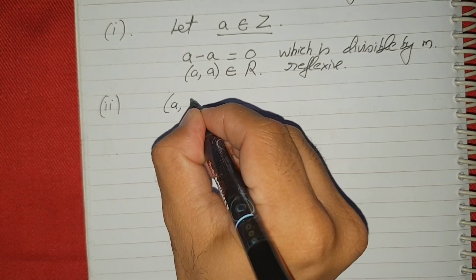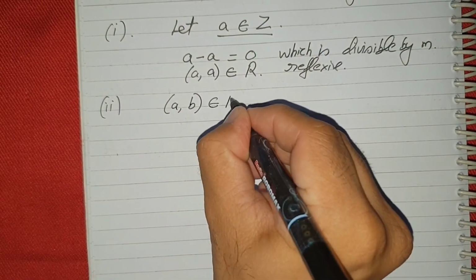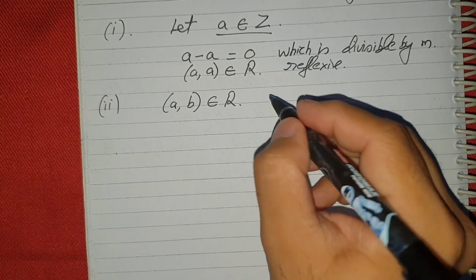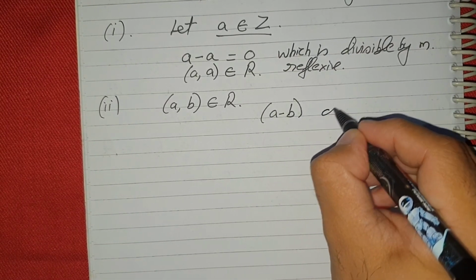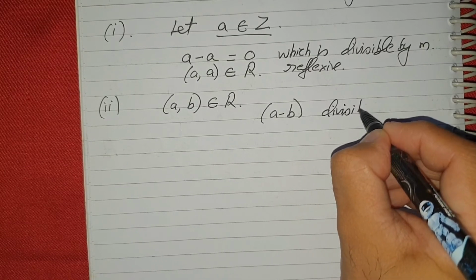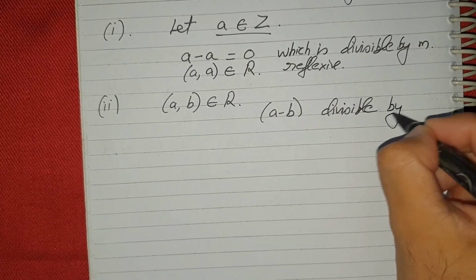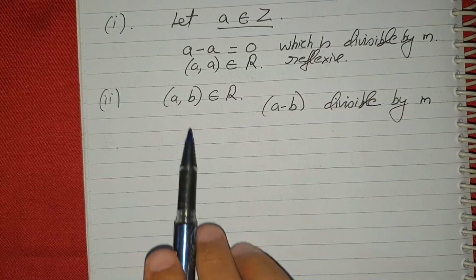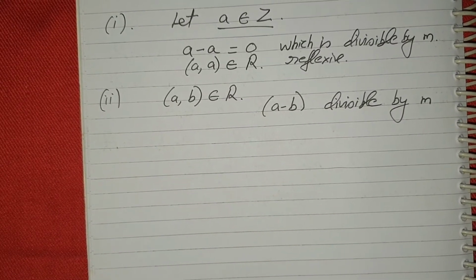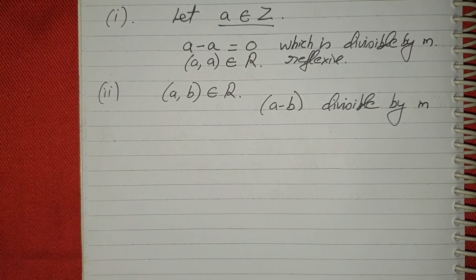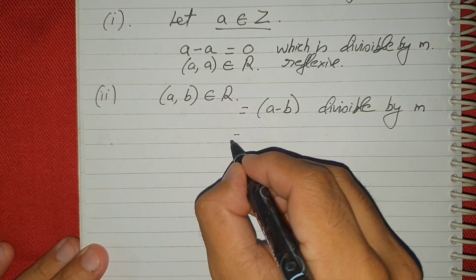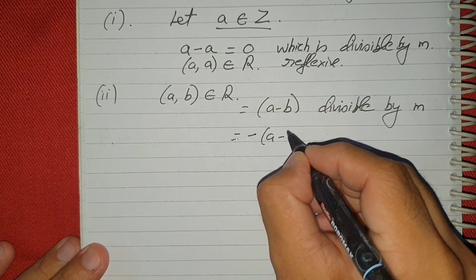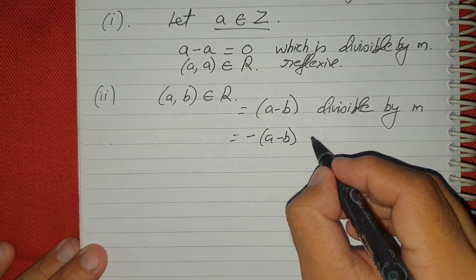Second, to prove it, second was symmetric. Now if (A, B) belongs to the relation, that means A minus B is divisible by m. So if we put a negative sign, minus of (A minus B), this will again be divisible by m.